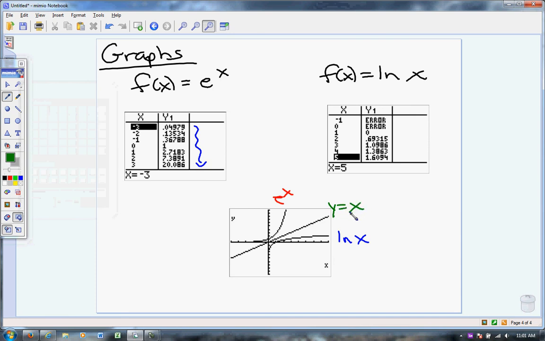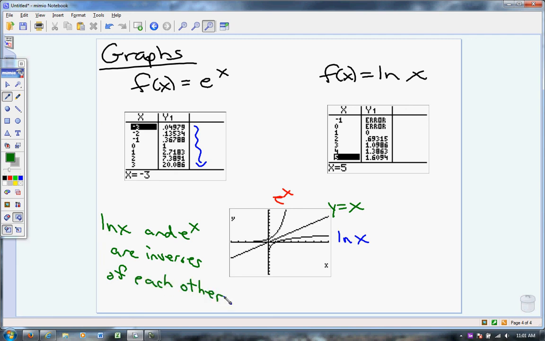Somewhere in your notes, you need to have that the natural log of x and e to the x are inverses of each other. Okay, very important relationship between those two.